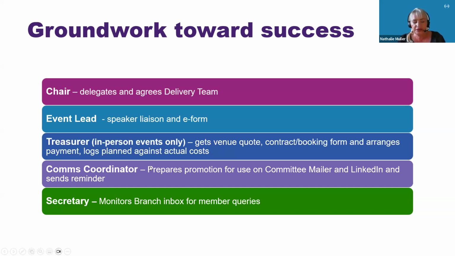The comms coordinator is who prepares the promotion for the committee mailer and LinkedIn and also sends a reminder, so very key as well. And let's not forget the secretary who should help in monitoring the branch inbox, because when you're running an event, especially an in-person one, we notice there's a lot of member queries that might head your way. So to monitor your 365 inbox is really key.